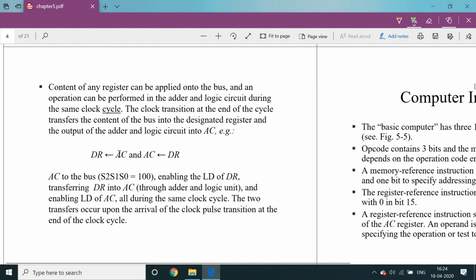For example, accumulator data is transferred to the data register, and the data register value is stored into the accumulator. AC to the bus means the accumulator register to the bus.